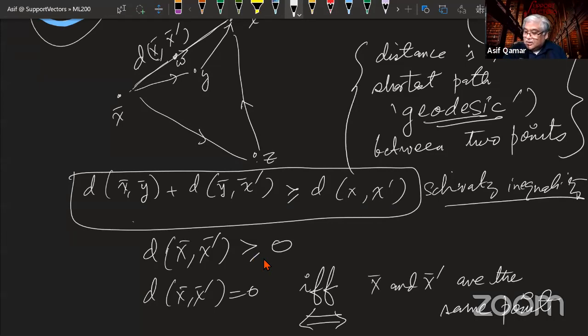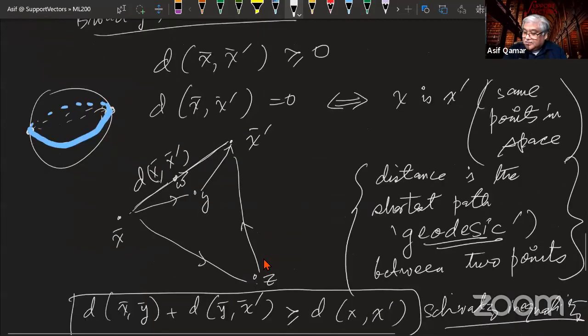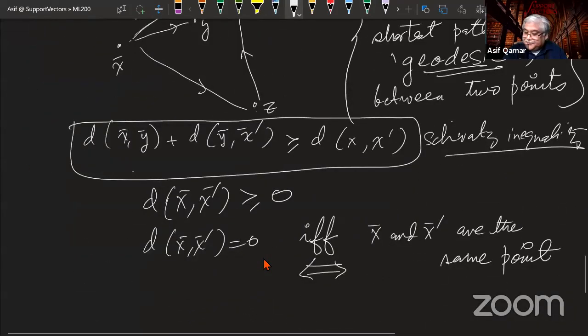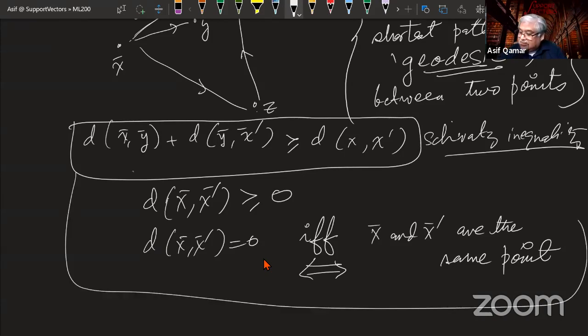Okay. So these are your basic notions. Any function that fulfills this is a notion of distance.